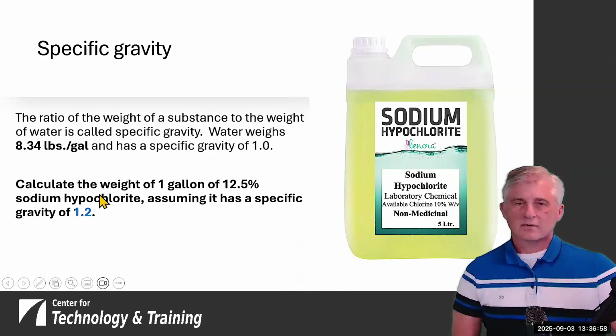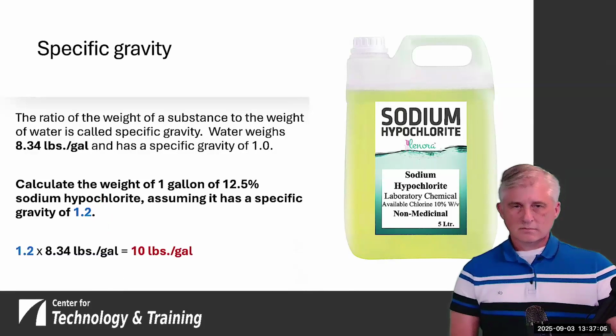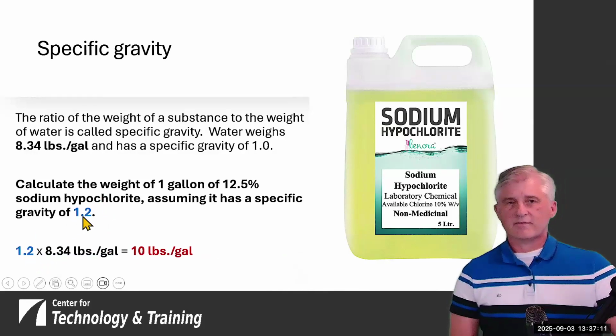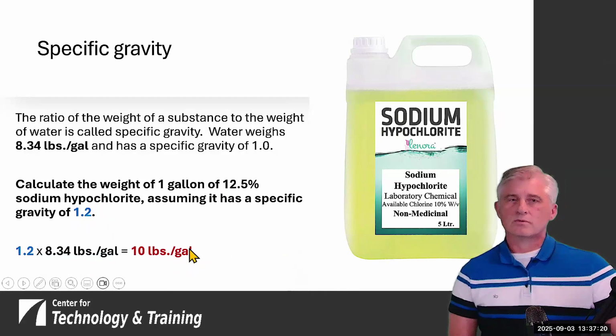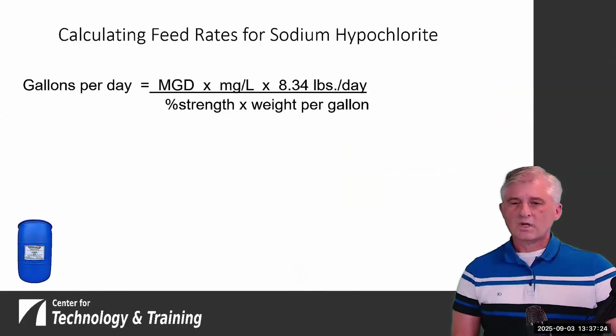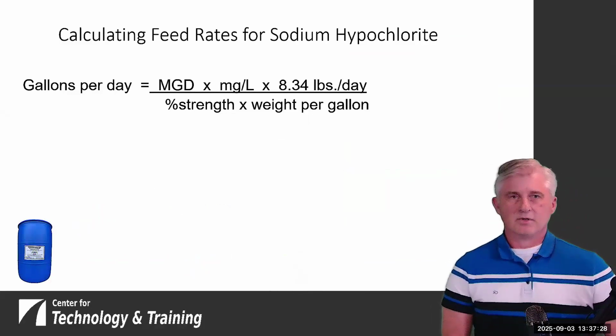A gallon of sodium hypochlorite is going to be heavier than a gallon of water. If its specific gravity is 1.2 and the weight of water is 8.34, then liquid chlorine at 12.5% is about 10 pounds per gallon. So if you're hauling that around and wondering why you're breaking your back, it's because it's even heavier than water.